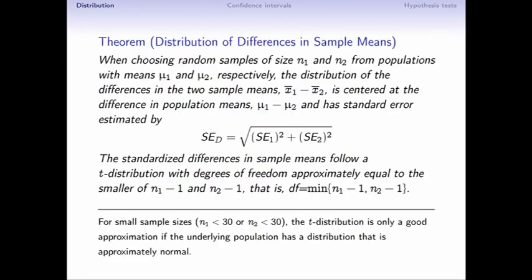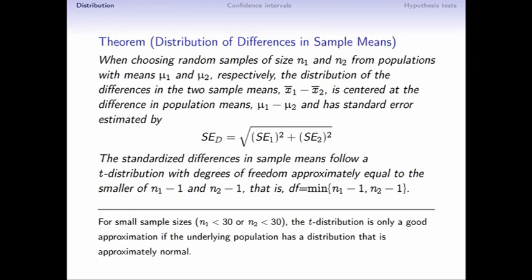All right. So as we read this theorem, this is the theorem that's driving everything we're doing in this section. We have to remember that when we sample from two different populations and form an x1 bar and an x2 bar, every time we draw samples, x1 bar and x2 bar are going to be changing.